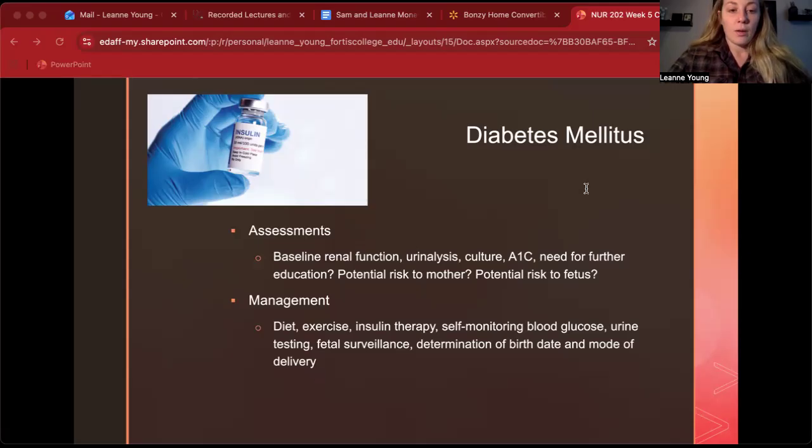As far as when we talk about determination of birth date and mode of delivery, that just means, are we going to allow this mom who is a gestational diabetic to go all the way to 40 weeks of gestation? Most of the time, no, we don't. If insulin dependent, then there's a chance that the OB provider is going to want the infant delivered earlier than 40 weeks of gestation.